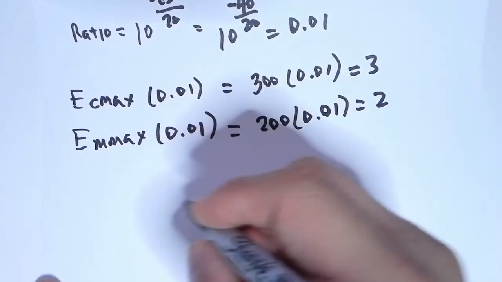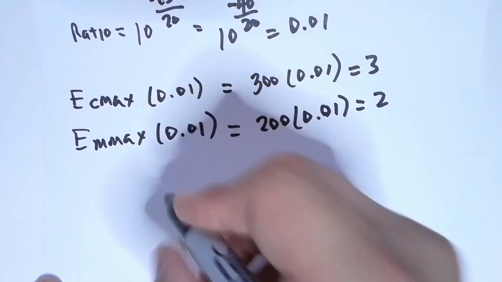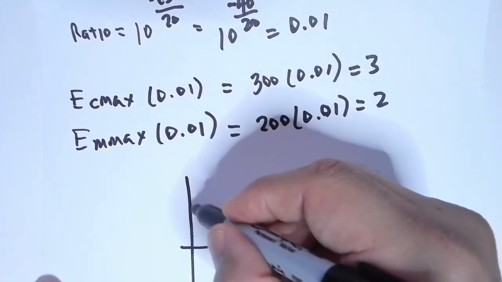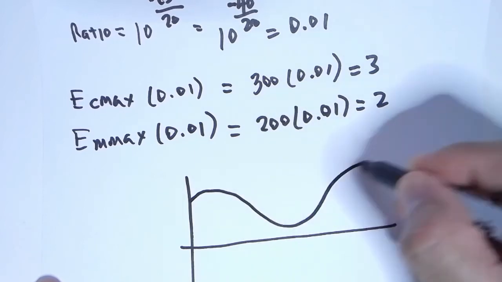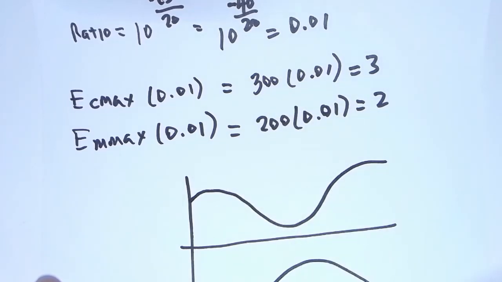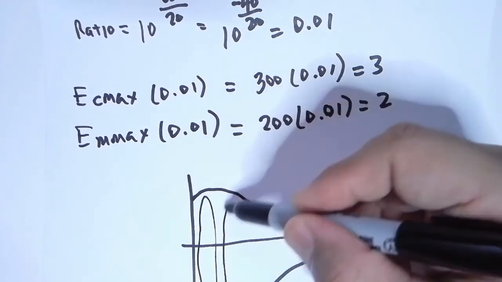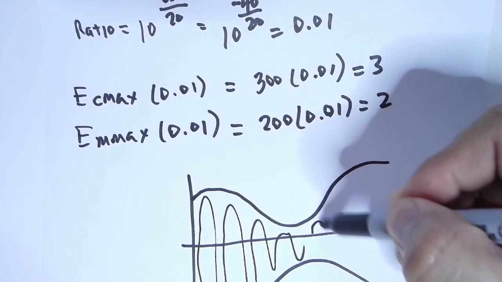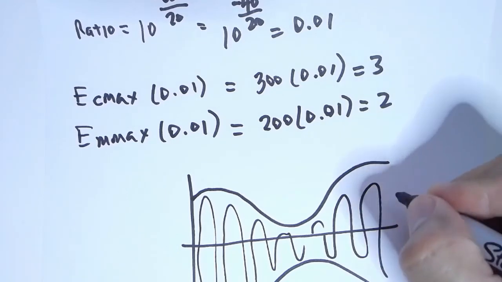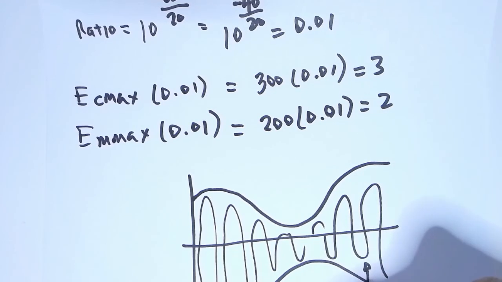So we have a modulated signal that has a carrier. Now the carrier has a frequency of 10 megahertz.